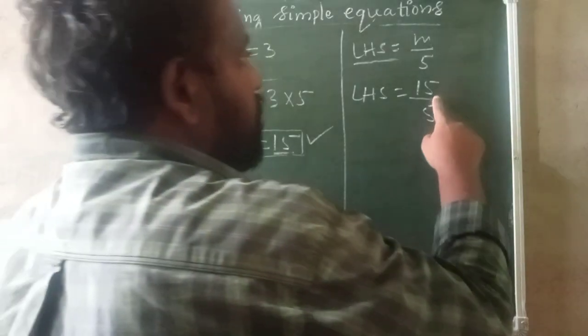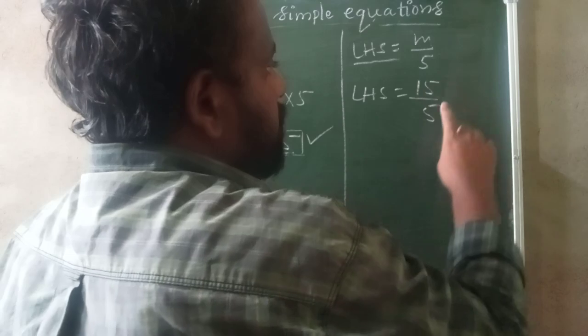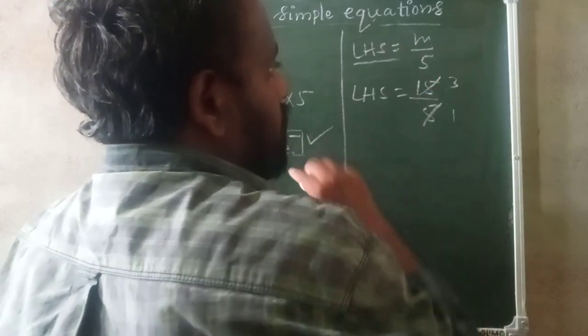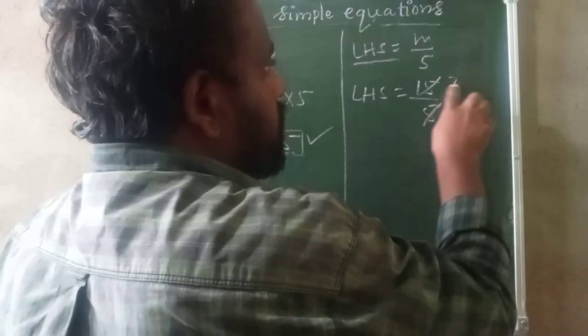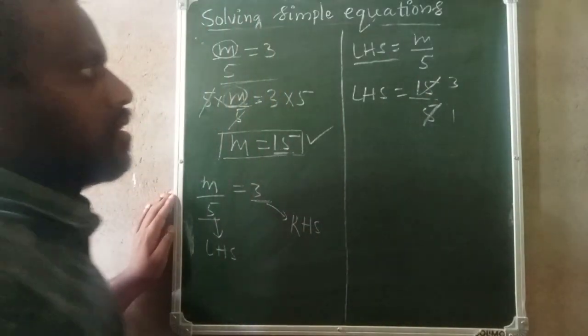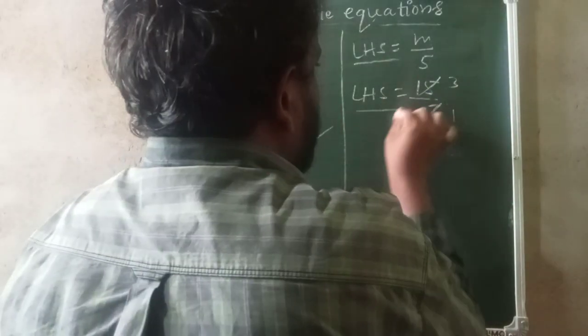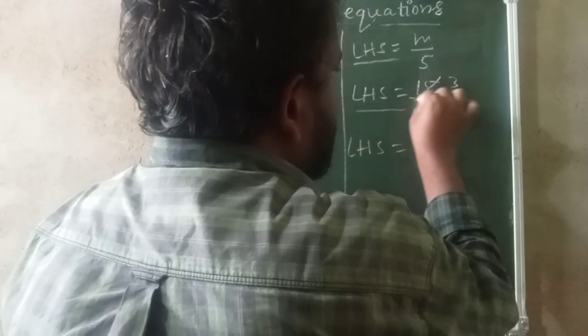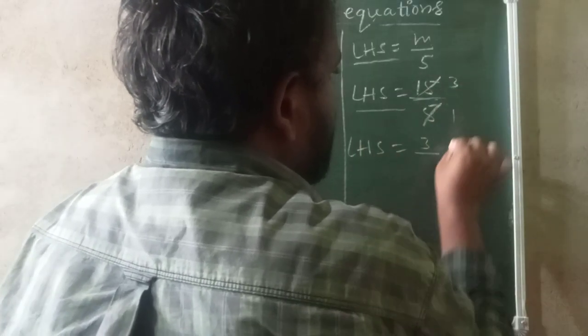Next, 15 by 5 means divide 15 by 5. 5 ones are 5, 5 threes are 15. So now LHS is equal to 3 by 1.